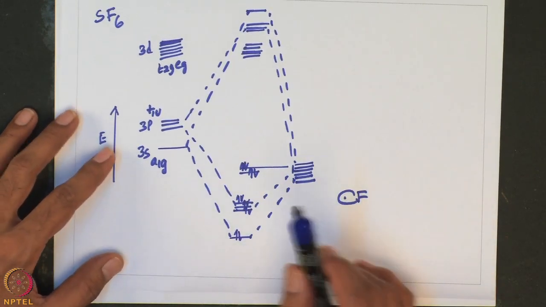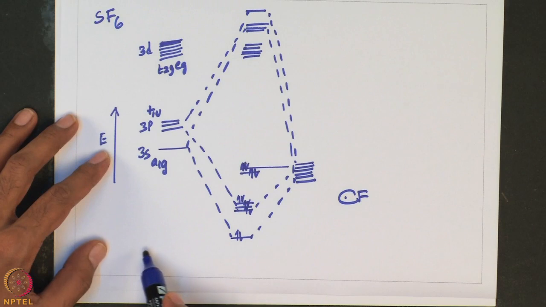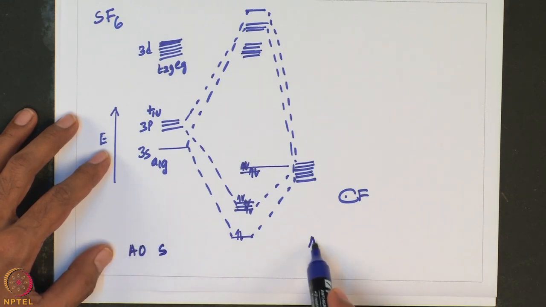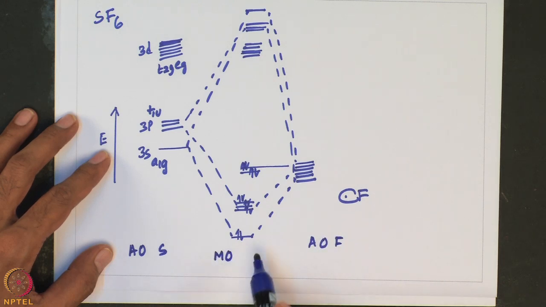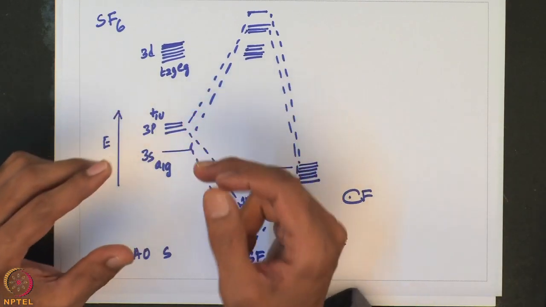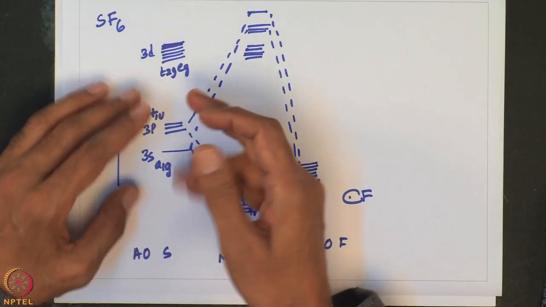So, that means here if you just look into atomic orbitals of S, atomic orbitals of F, and this is molecular orbitals of SF6. Okay. So, if you just see here, the energy of 3d orbitals is too high to interact with F orbitals.